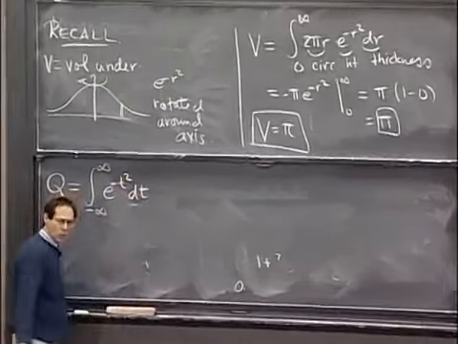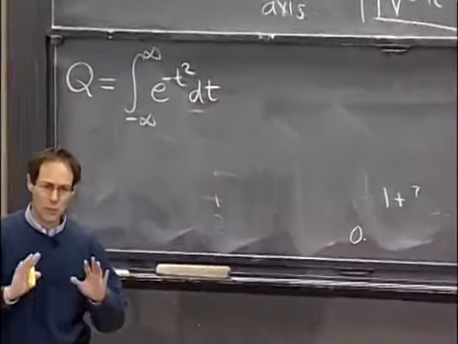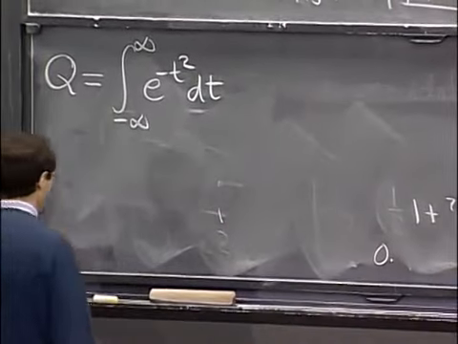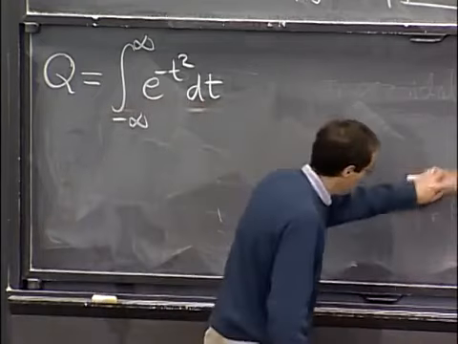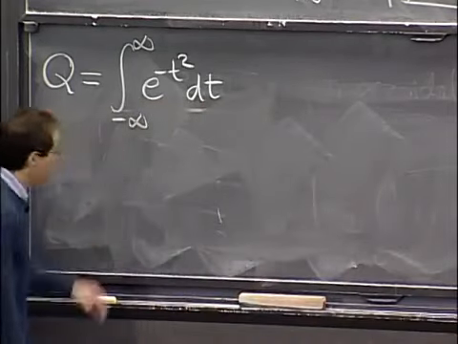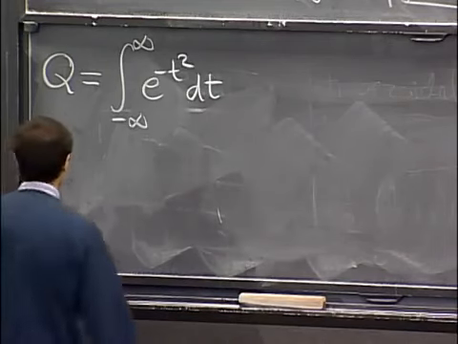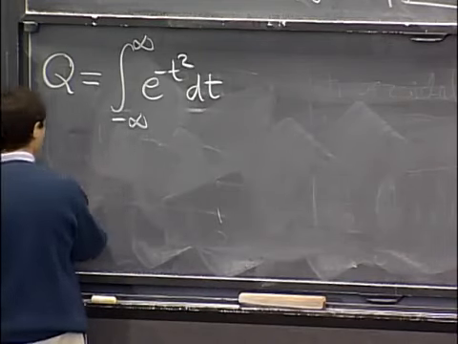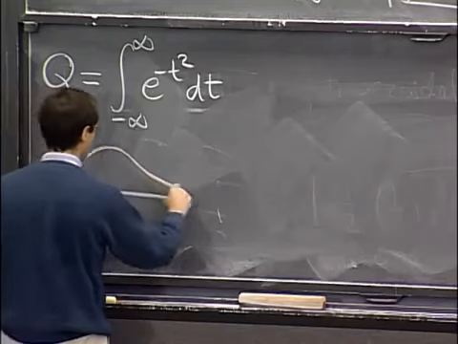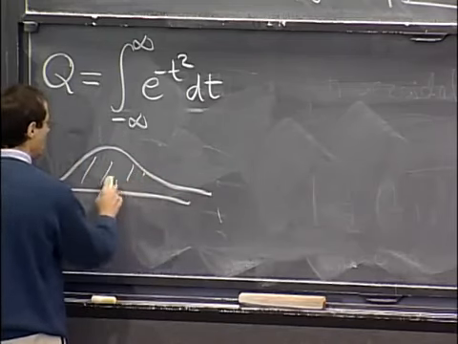And I'll relate it to what we talked about earlier in this unit in just a couple of minutes, when I show you the procedure that we're going to follow. So here's the quantity, and what this is interpreted as is the area under this bell curve. This time Q is really an area.